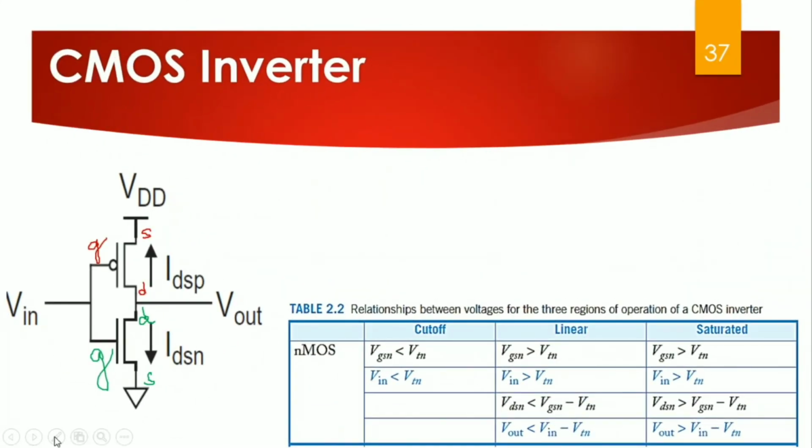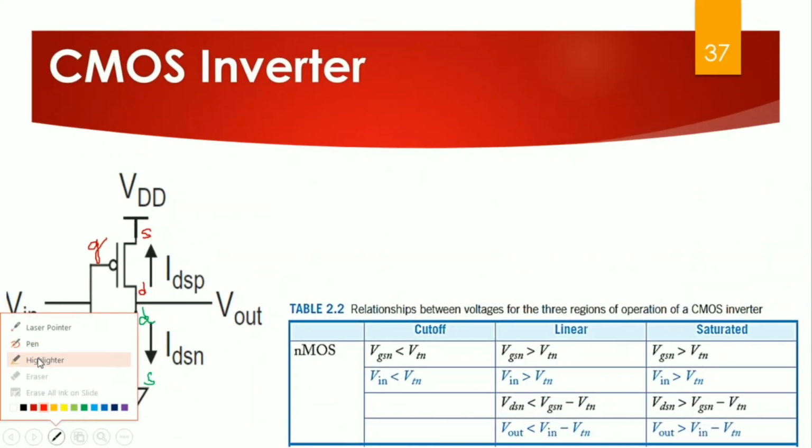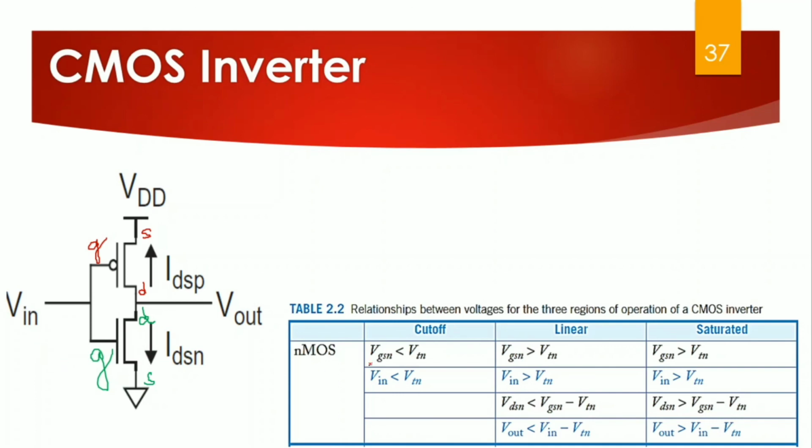Now, let us analyze the working of inverter with respect to different values of VGS and VTN. What is the working in cutoff region, linear region, and saturation region? For the NMOS transistor to be in cutoff region, VGS should be less than VTN, as we discussed in the very first class.